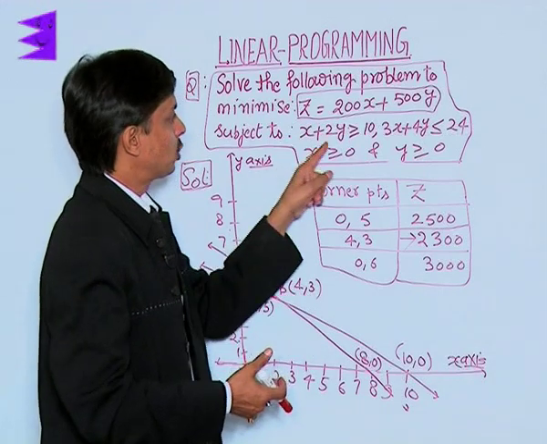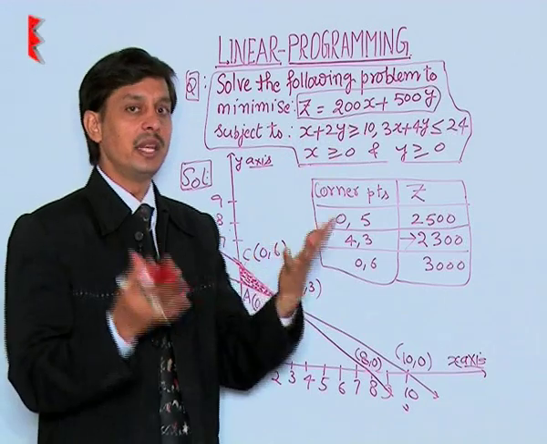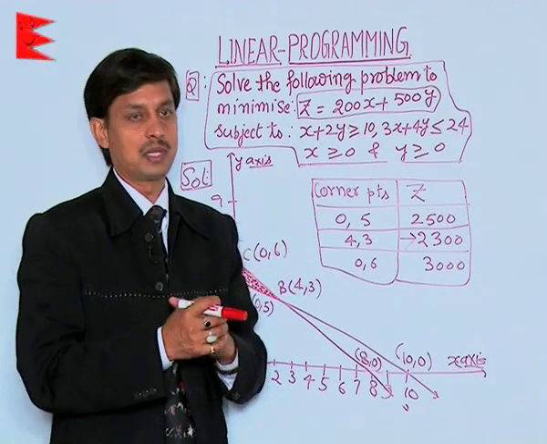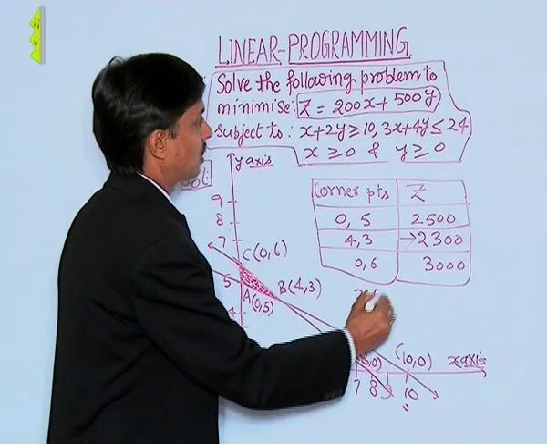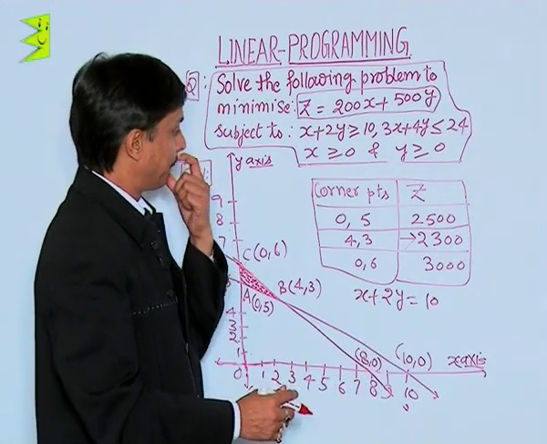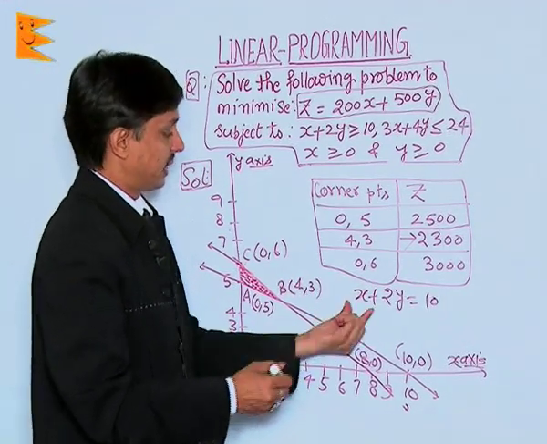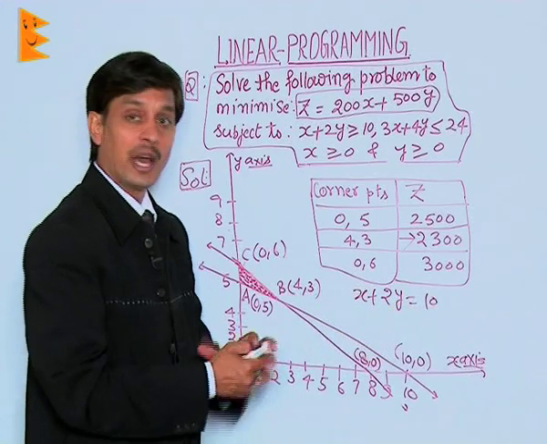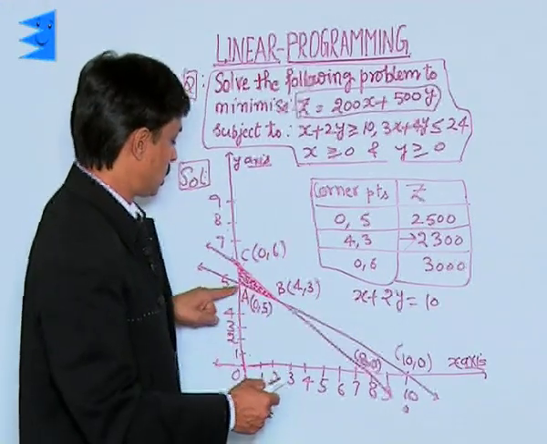Then x plus 2y is greater than or equal to 10. To convert any inequality, what do we take first? We make its equality. So x plus 2y is equal to 10 will be taken first. If I take x as 0, y will be 5. So 0 comma 5 is this situation.